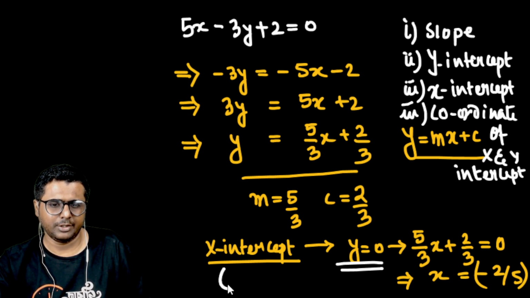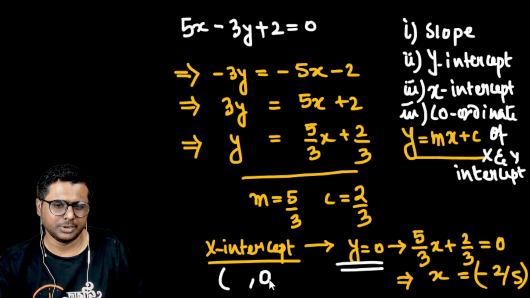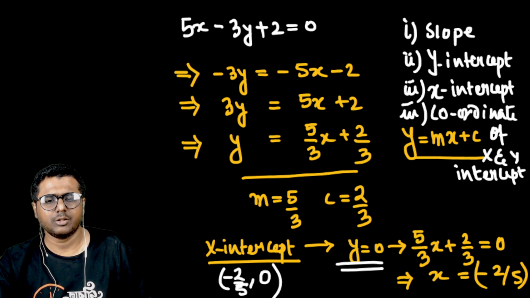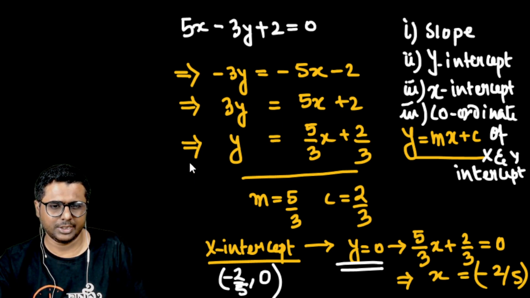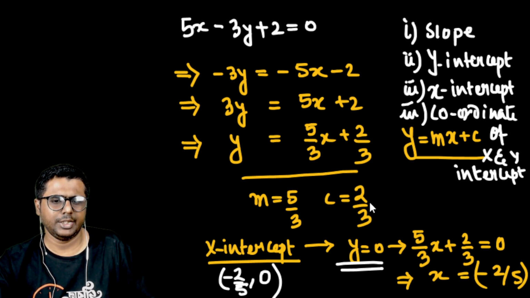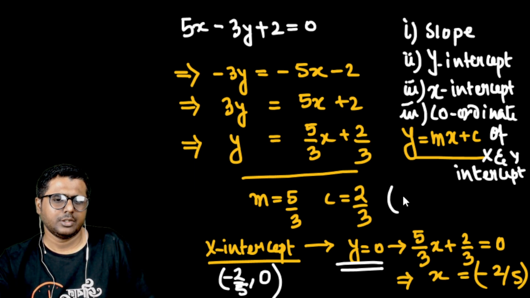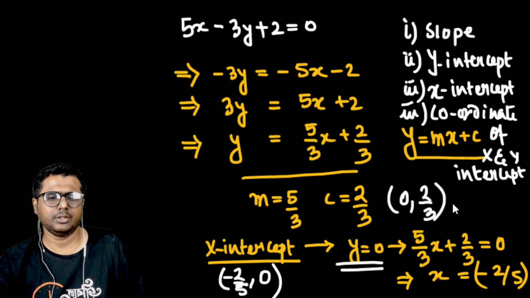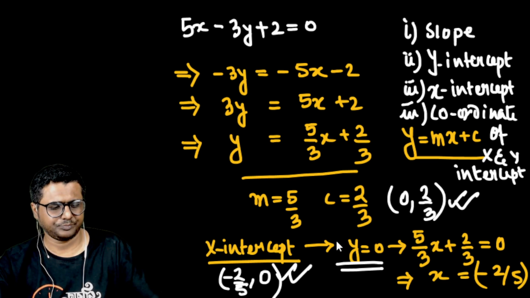If I want to find the coordinate, the y value will be 0 and the x value will be minus 2 by 5. So this is also important. Sometimes it may be asked what is the coordinate of the x intercept. Okay. What is the coordinate of the y intercept? Simple. Y intercept coordinate will be 0 because x is 0, comma 2 by 3. So this is the coordinate of the y intercept, and this is the coordinate of the x intercept.